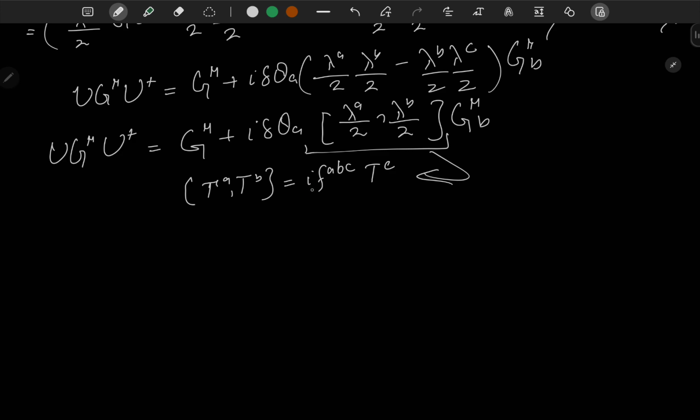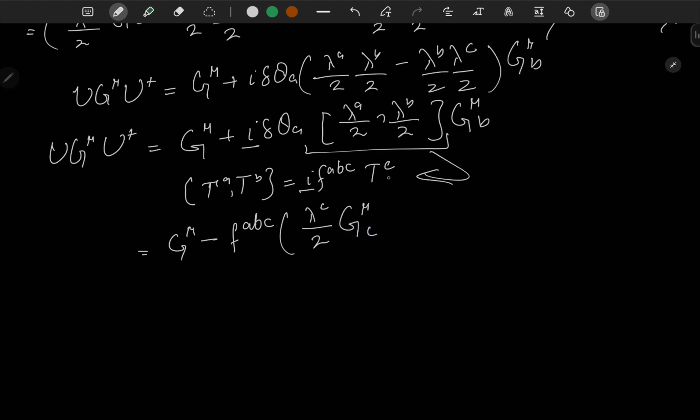So there is iota here and iota here, that will give us a minus FABC of lambda c divided by 2 g mu c.